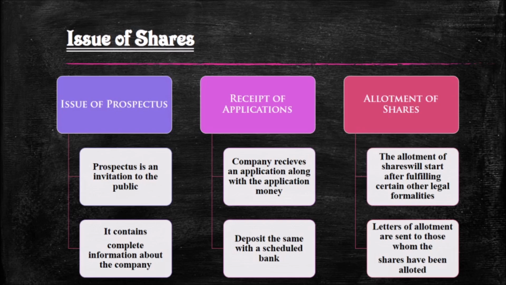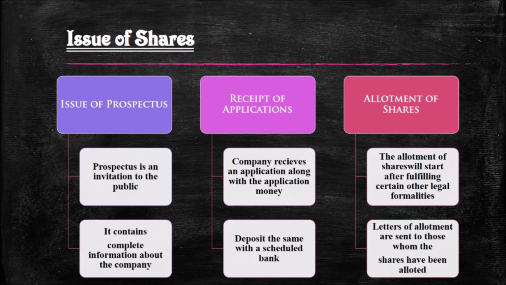As per the Companies Act, there is a provision that the company can receive a minimum subscription amount while issuing shares. Along with the application money, the company can collect a certain percentage of the face value of the share. The nominal value of the share can be collected.